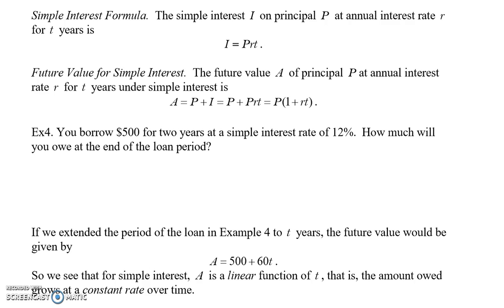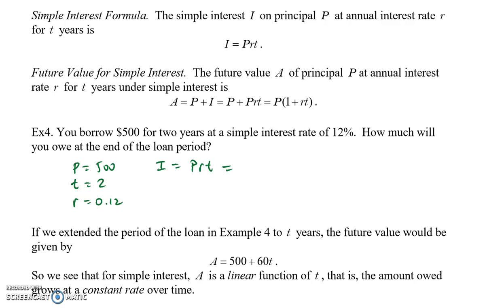You borrow $500, so that would be P, that would be your principal. That would be 500. For 2 years, that would be T, that would be 2. At a simple interest rate of 12%, that would be R, and you want to express that as a decimal, so write it as R equals 0.12. The simple interest formula says that the interest earned over the 2-year period is the principal times the rate times the time.